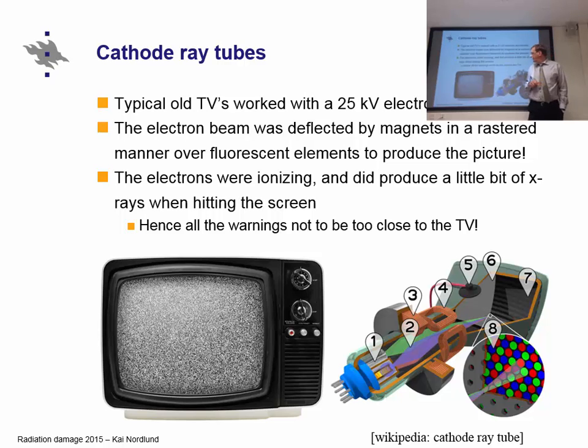They formed an electron beam, which was deflected, or actually scanned over a fluorescent screen, which was the screen of the TV. And this produced, of course, the TV signal, but it also produced a little bit of X-rays. And that's why there were, in those days, lots of warnings that one shouldn't be too close to the TV for a long time, because one could get a minor radiation dose from it.